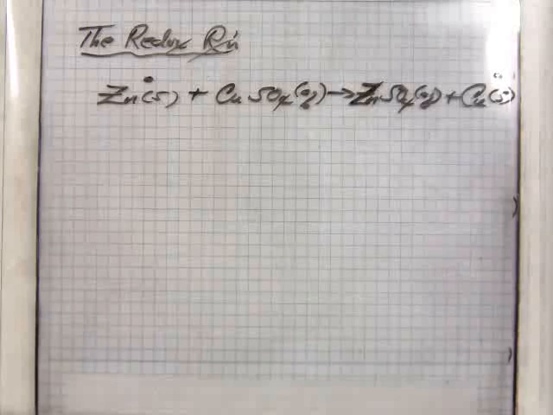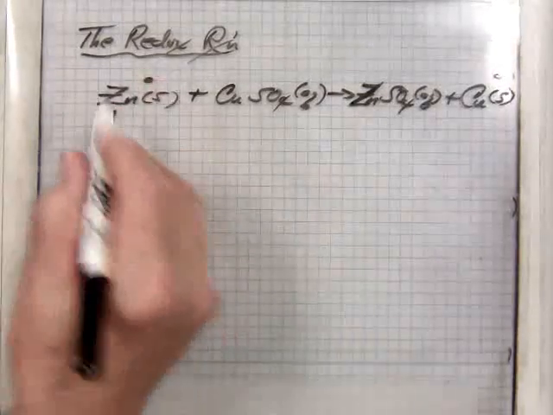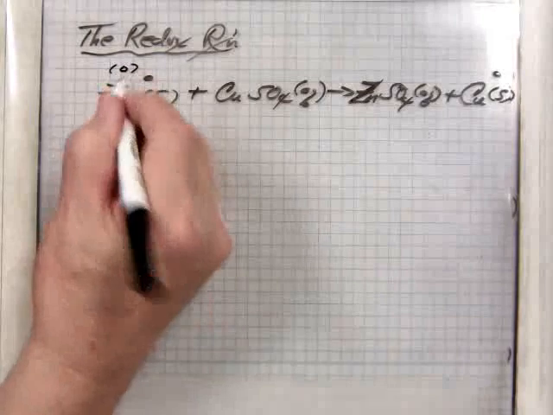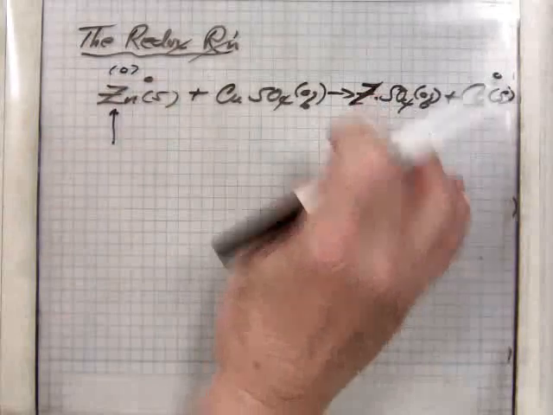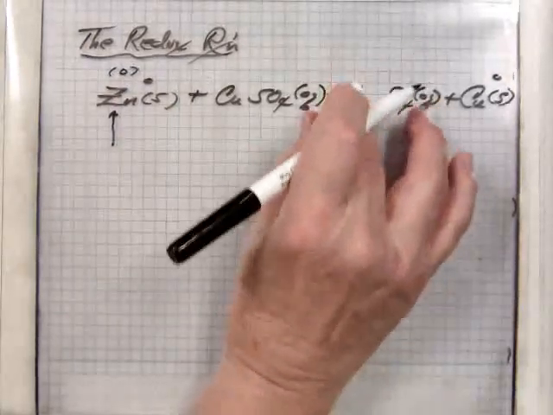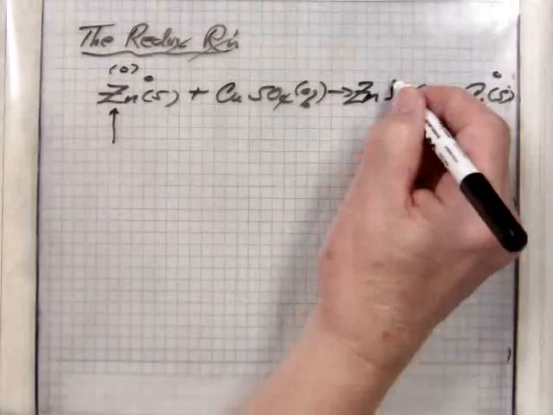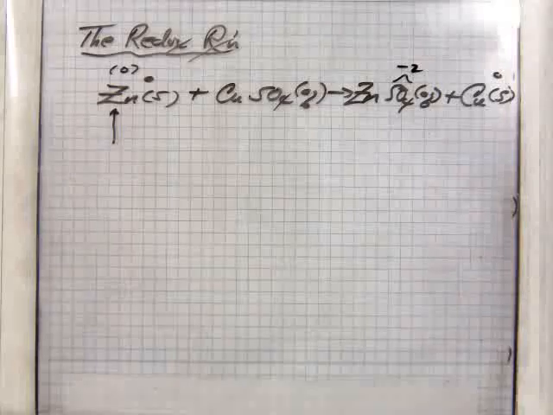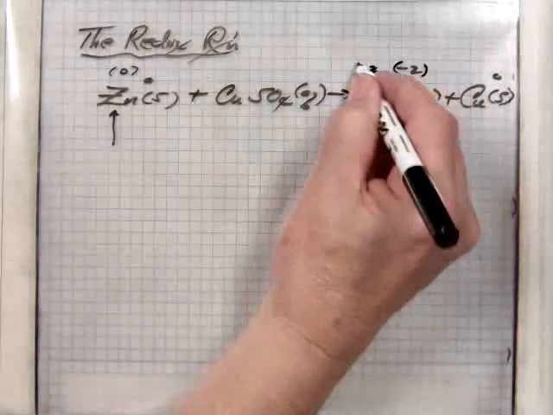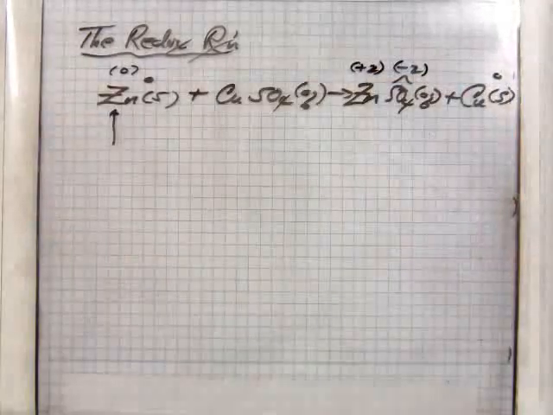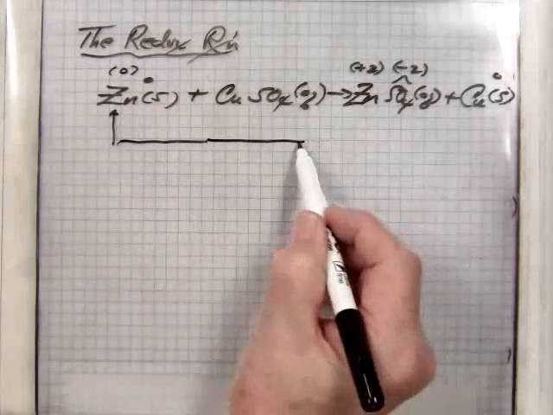Now, when we look at this reaction, we have zinc that starts out with a 0 oxidation state. So I'm just going to put a 0 right there. And it goes into the zinc sulfate compound, and sulfate in itself is a -2 from your study of polyions. And so we have to have a +2 in the zinc right there. So we're going from a 0 oxidation state to a +2.